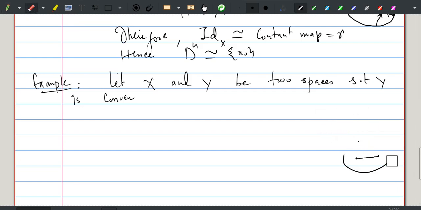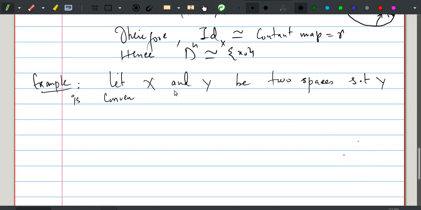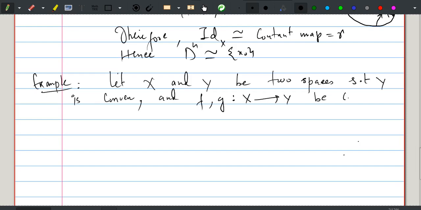So Y is given to be a convex space, and f and g are two continuous maps from X to Y. Then f and g are always homotopic.